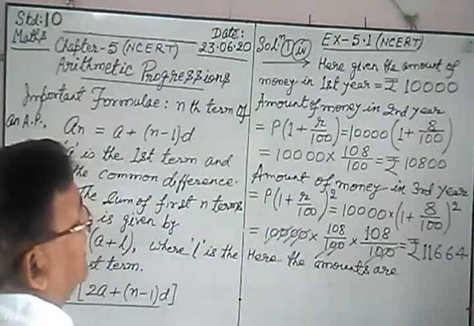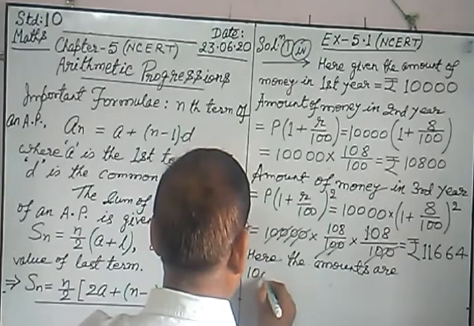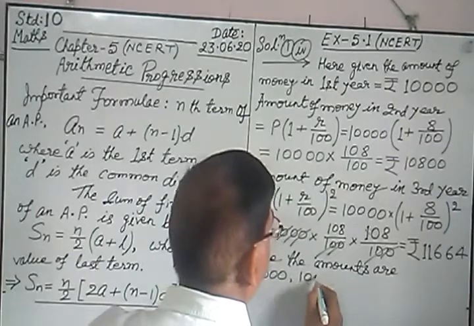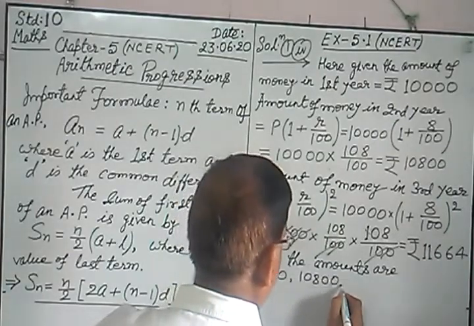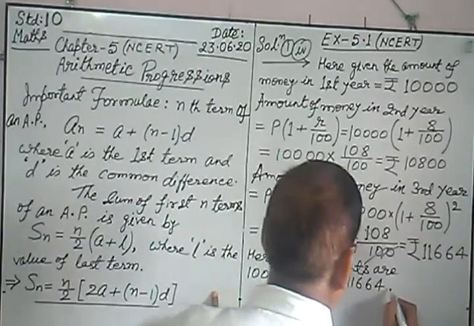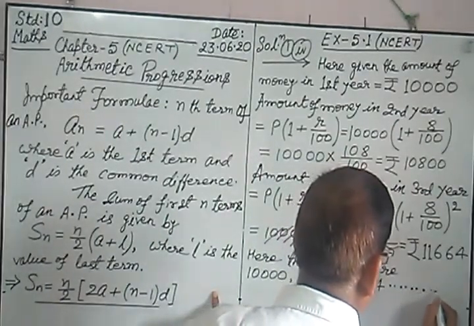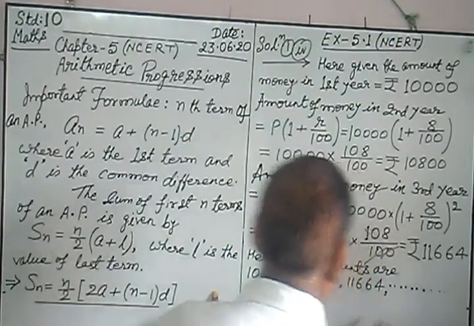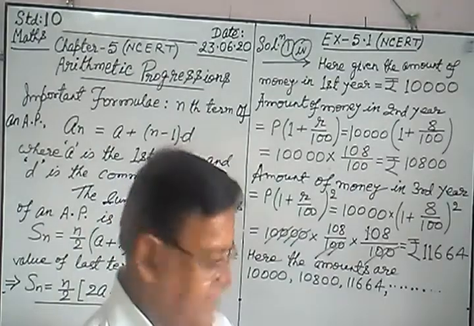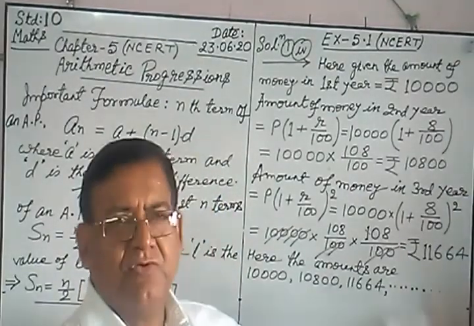Here the amounts are 10,000, 10,800, then 11,664, and so on.